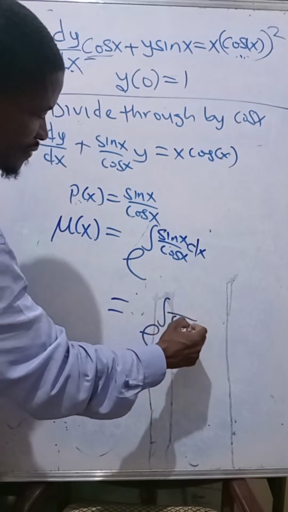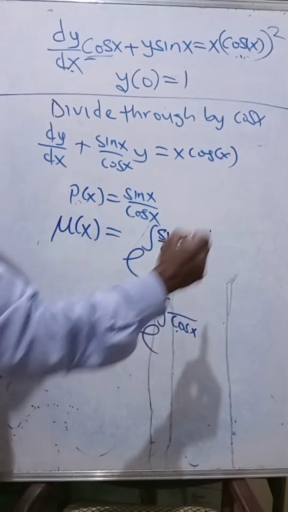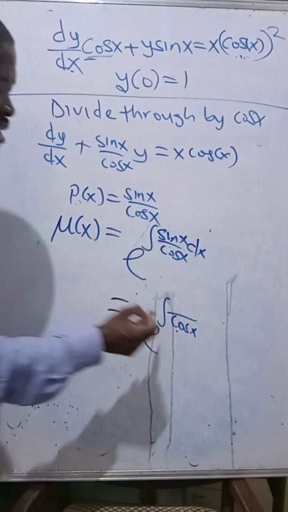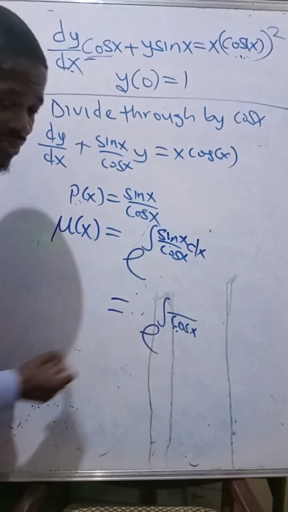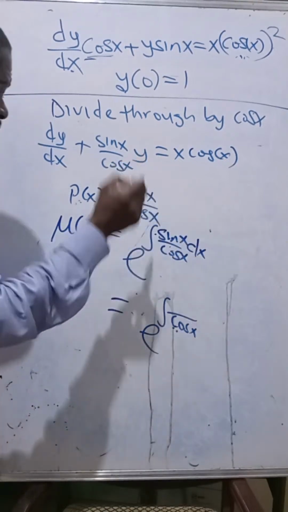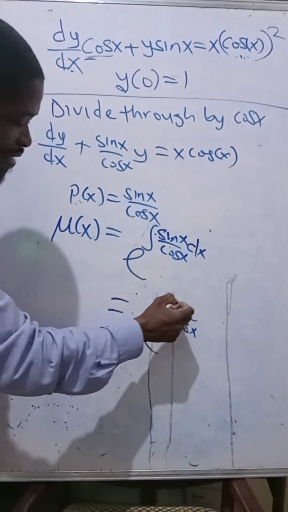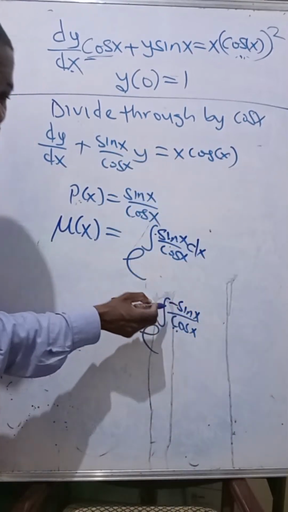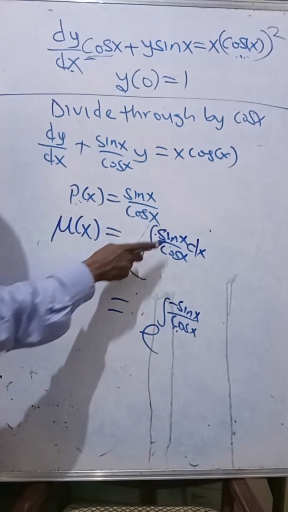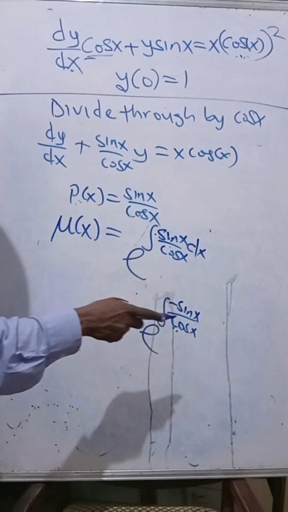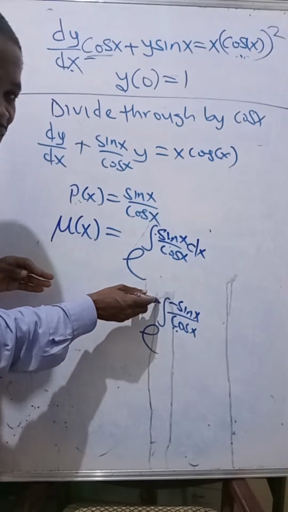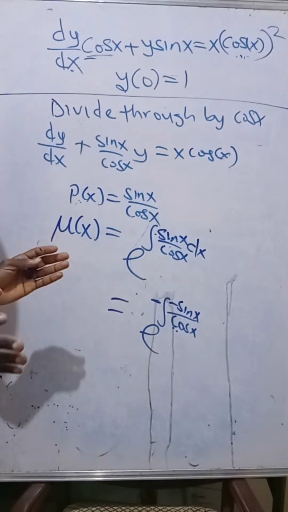The derivative of the denominator is almost the same as the numerator. Almost. The derivative of the denominator is minus sin x, but there's no minus at the numerator. So it's as if I'm altering the numerator. In order not to make it as if I've changed the question, I'm going to inject a negative outside. So this is just a bit of manipulation. There's no magic there.